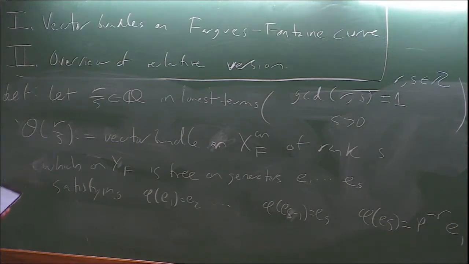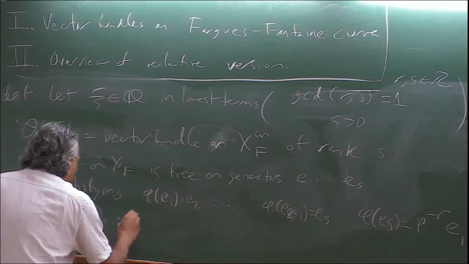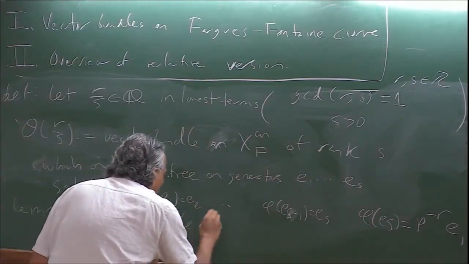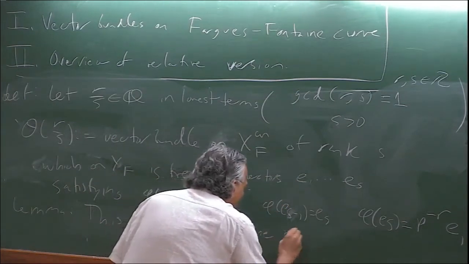But okay, so I now have this vector bundle. Lemma: this is stable of degree s, slope r over s.